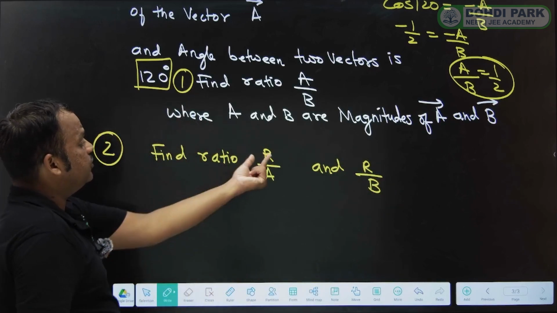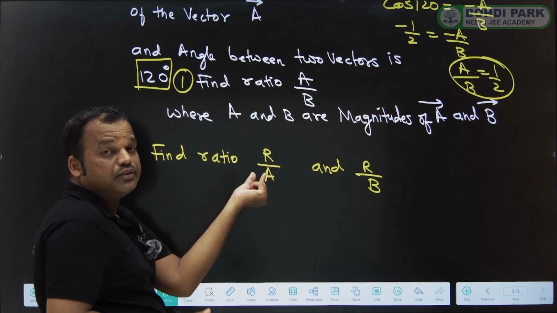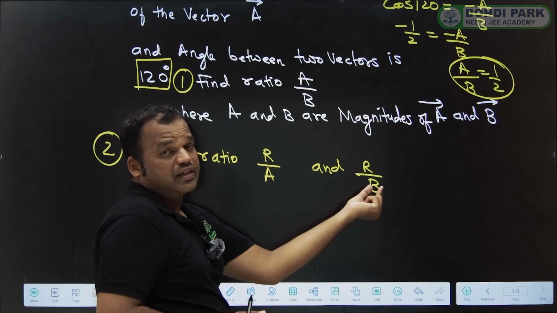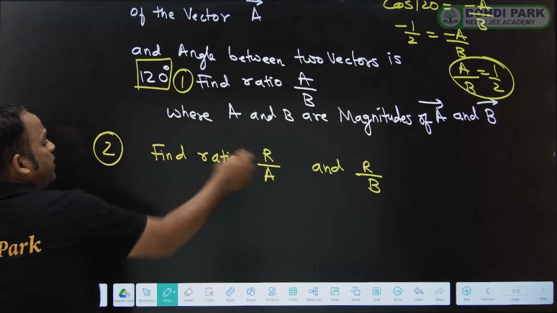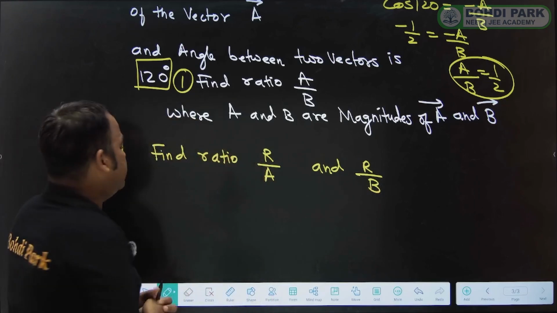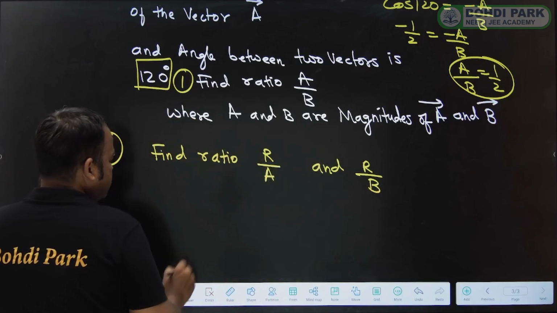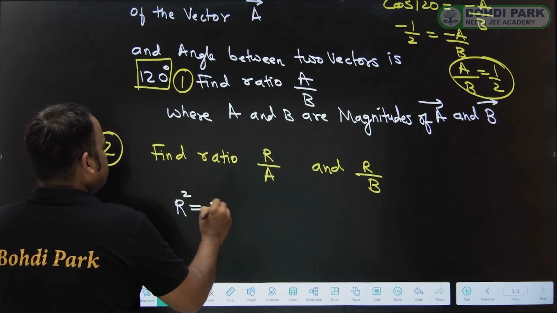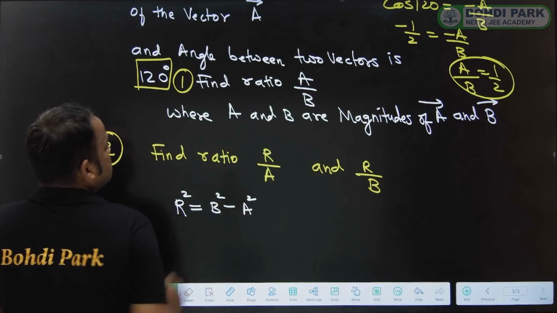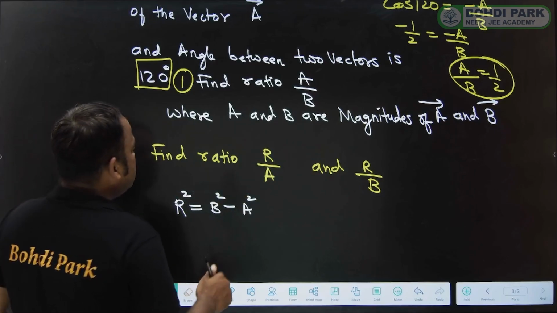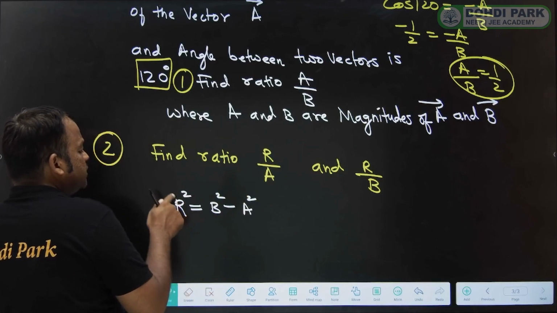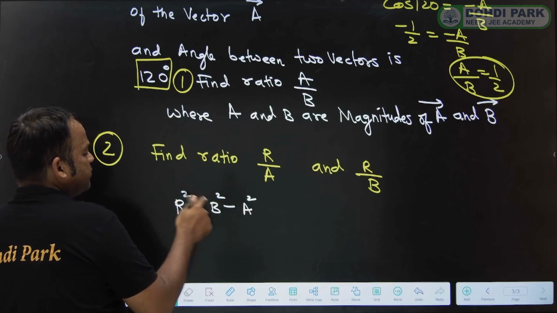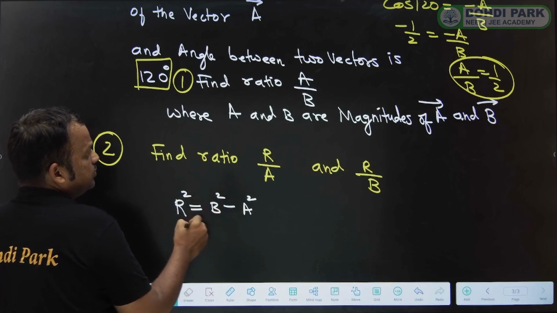R is the magnitude of resultant, a is the magnitude of a vector, b is the magnitude of b vector. So how to find r by a and r by b? So the second short trick is there, which is r square is equal to b square minus a square, because the resultant makes 90 degree with a vector. So we have r square is equal to b square minus a square.